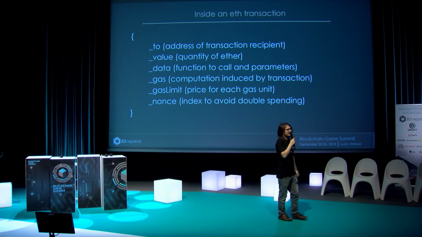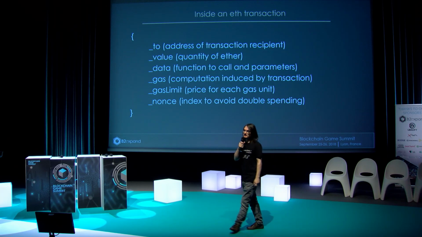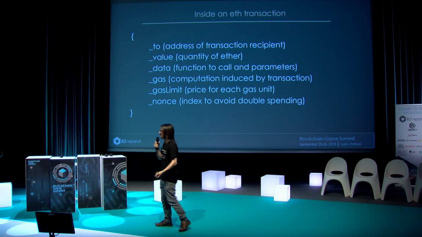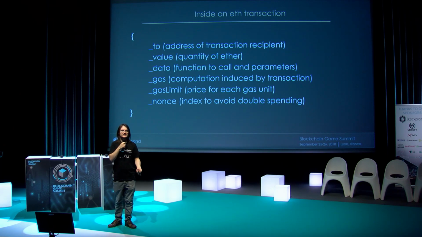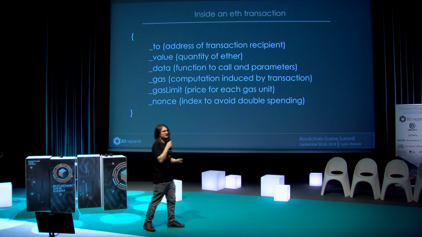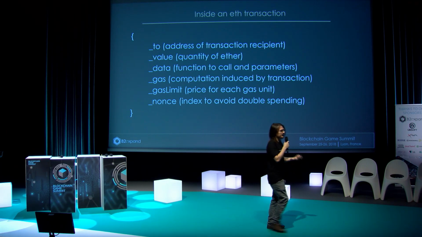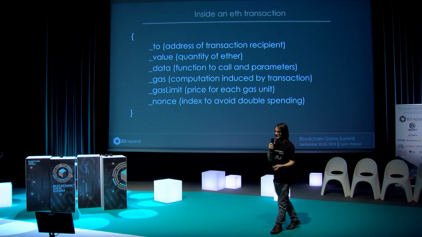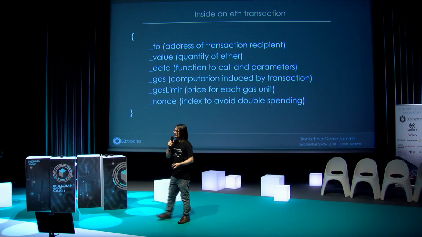And at last you have the gas and the gas price that will create the fee. The gas is the quantity of computation your transaction will trigger on the network, and the gas price is the price for each gas unit you want to pay. So the two will create your fee.